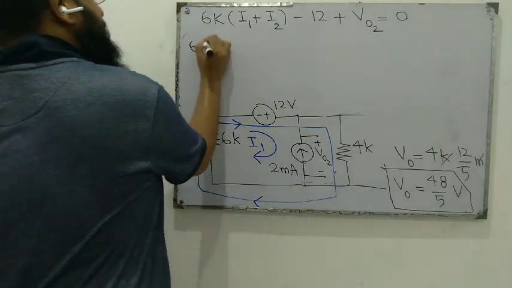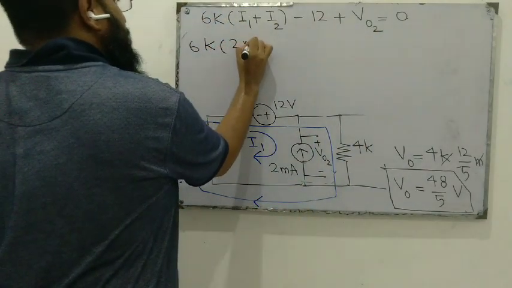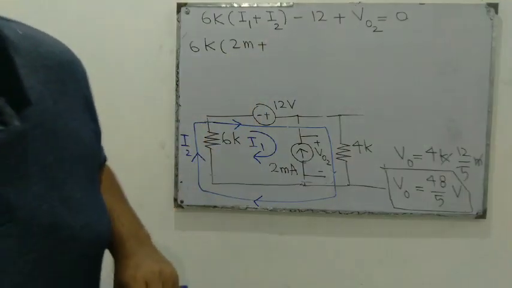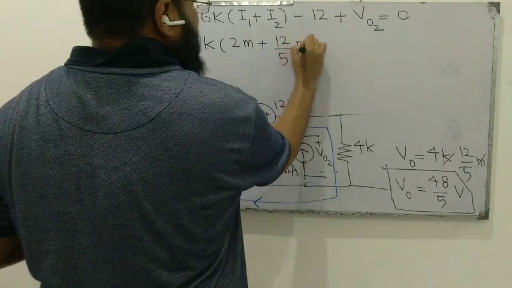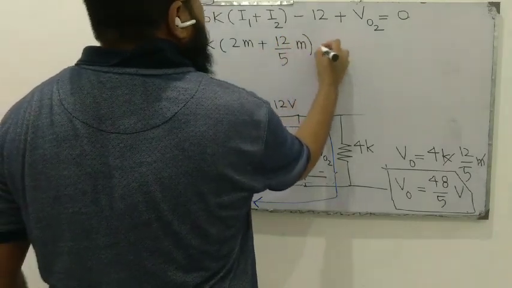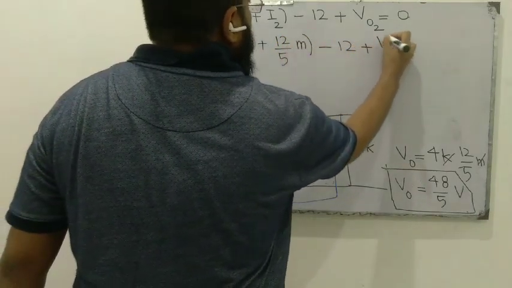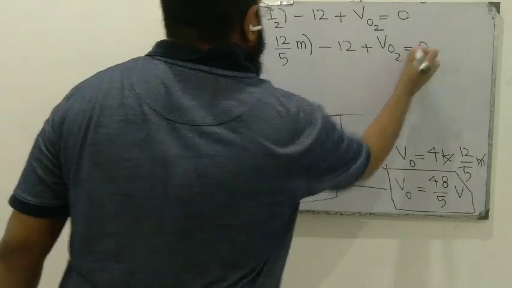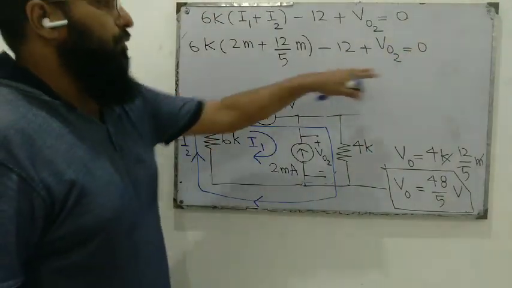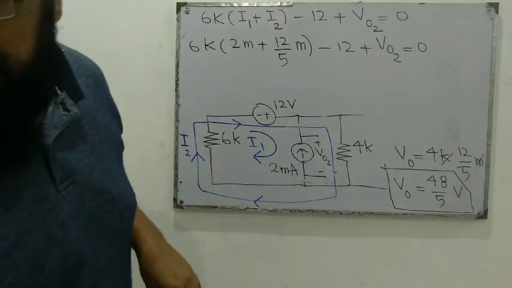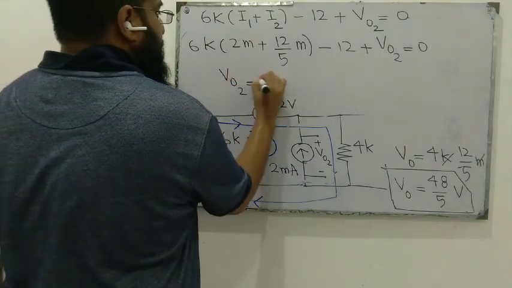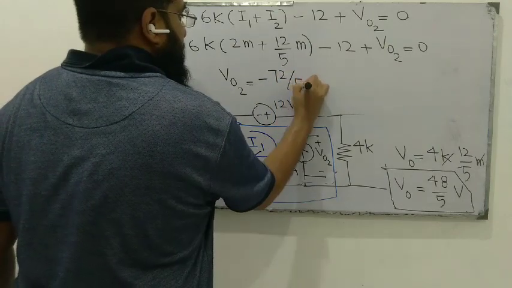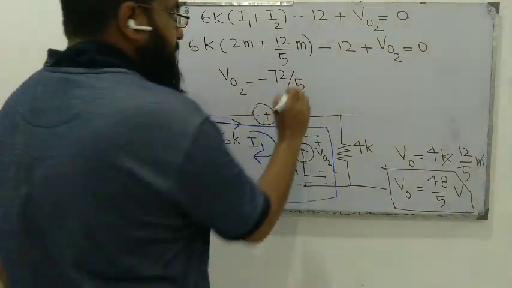Putting these values, 6K times minus 2 milli plus I2, you have calculated to be 12 over 5 milli, minus 12 plus V out 2. So we have only one equation, one variable. So V out 2 comes out to be minus 72 over 5 volts.